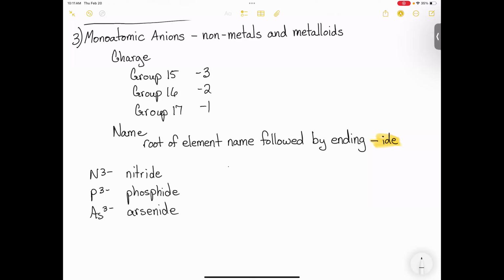For group 16, O2- is oxide. S2- is sulfide. Se2- is selenide. And Te2- is telluride.